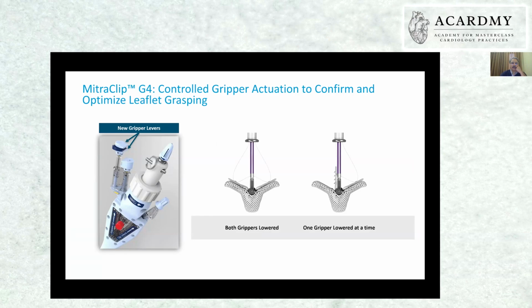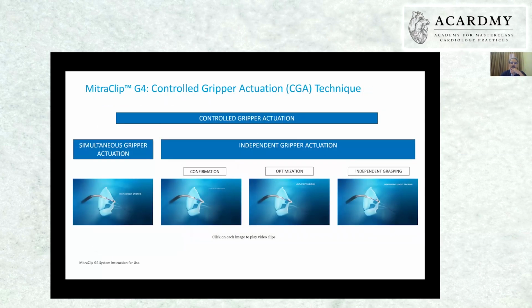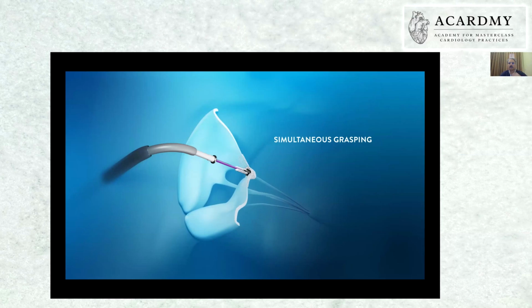And then there are grippers. Both grippers are lowered to grasp the leaflet once they are in position, and then we confirm. It is all a TEE-guided procedure. Your TEE companion has to be very intelligent and astute, and that is actually very good teamwork. This is how it is done. Look, the grippers are down.